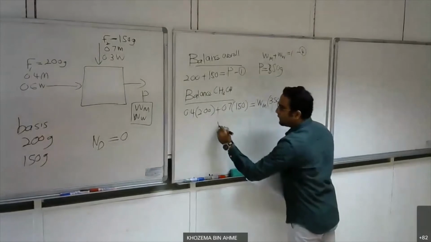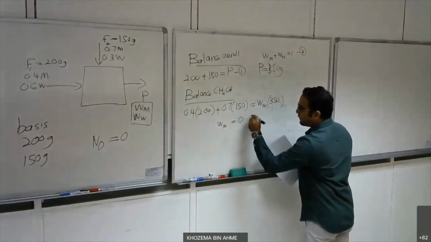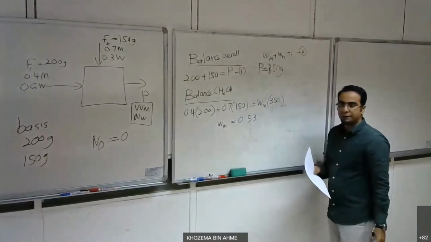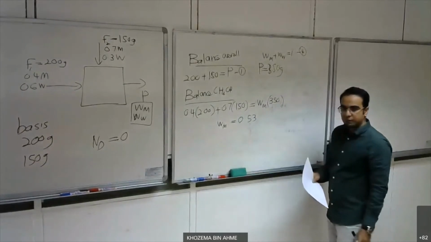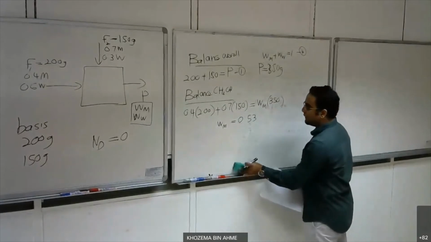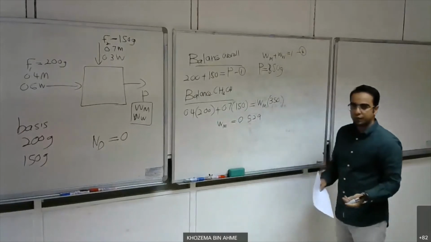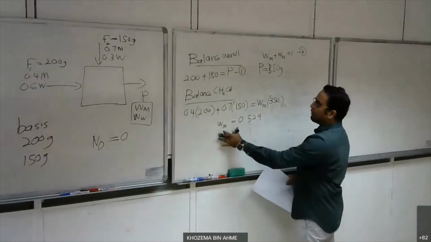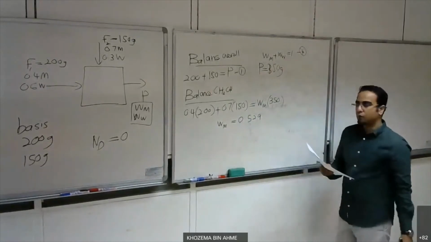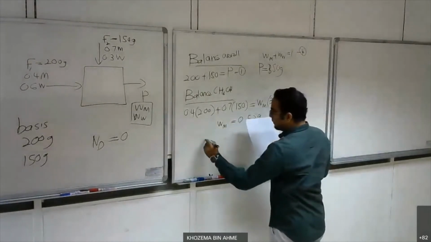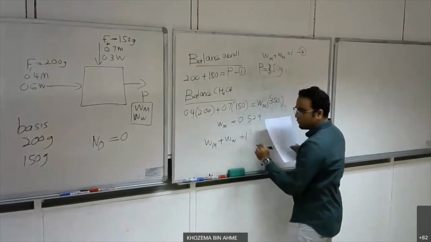So I can get my weight fraction of methanol is equal to 0.529 or 0.53, depending on your decimal point. 2 decimal points is also acceptable, depending on your situation. If you feel that you want to put 3 decimal points, it's also acceptable. Since I've gotten the value of my weight fraction of methanol, I know that I can find the weight fraction of water, which is Wm plus W water is equal to 1.